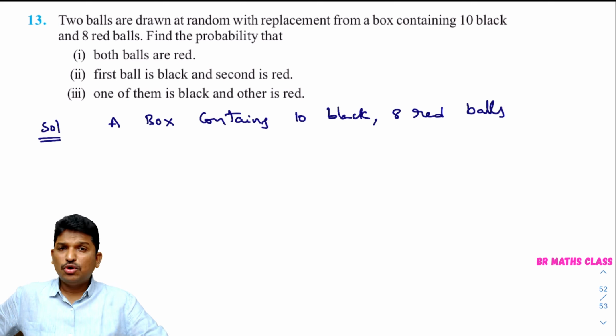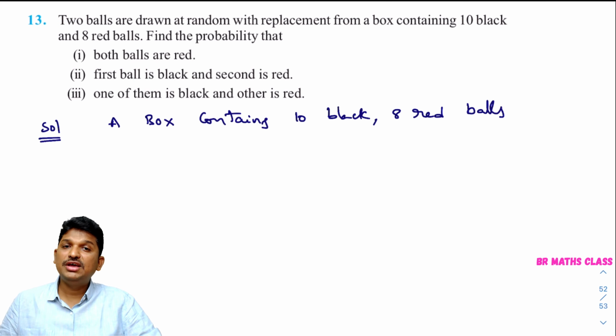When I picked the ball the first time, it came black. The second time, the ball itself doesn't think that the first time we got black, next time we will get red. No, drawing a ball the first time and drawing a ball the second time from the box are independent events. That is the point I want to say.